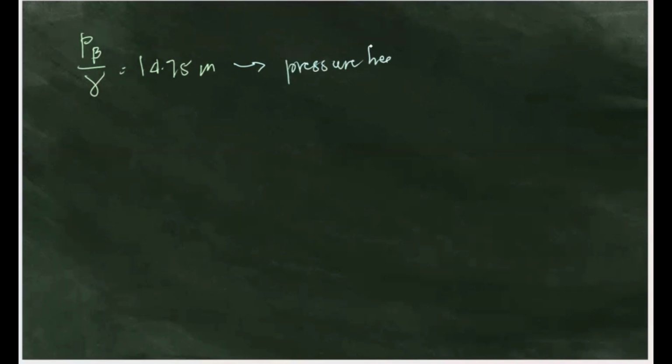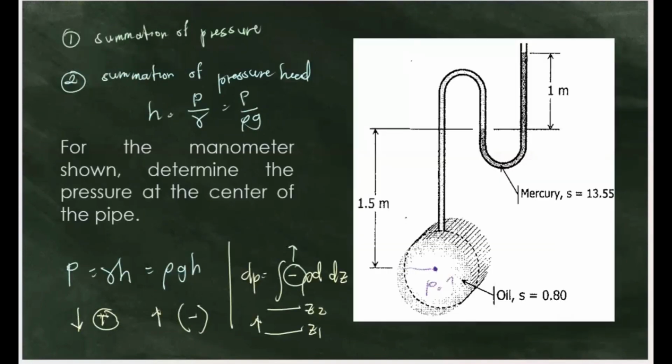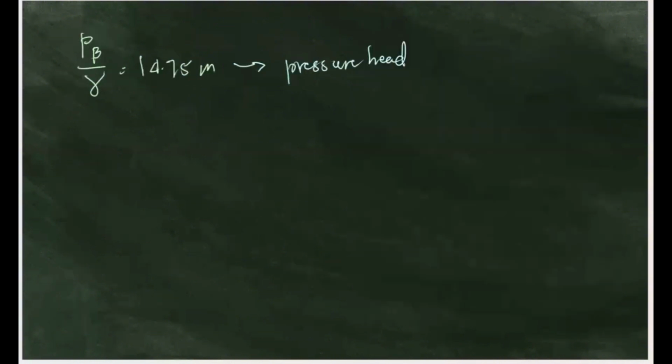Ang tanong sa atin, sa problem ay, balikan natin, pressure. Determine the pressure. O, pressure ang hinahanap. So, kung pressure ang hinahanap, this will become P sub B is equal to 14.75 multiplied by, ano ang gamma ng ating liquid?